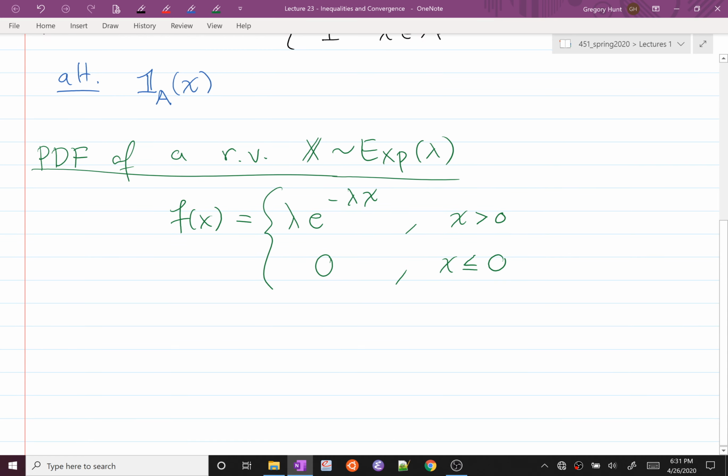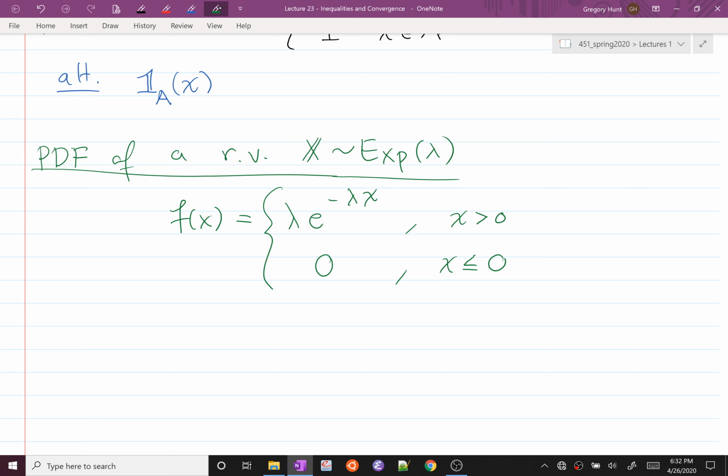We really don't want to have to carry around this kind of statement that x is not in the support. We really just want to specify things in the support, so typically we'll leave off this second case of our piecewise function, and we'll just specify the case for the support where the thing is positive.